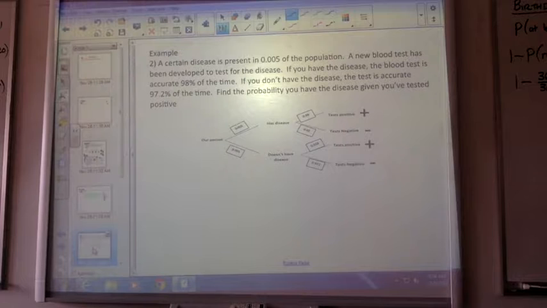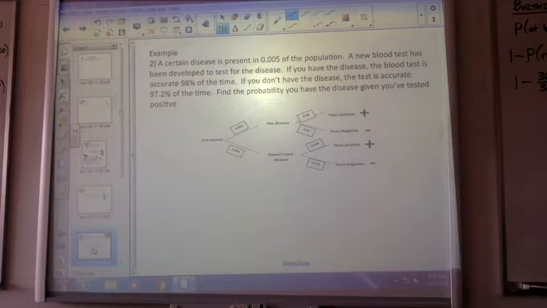Okay, so this says that a certain disease is present in 0.005 of the population. For those of you who want to know how much that would be, if you had 1,000 people, 5 people would have this disease.